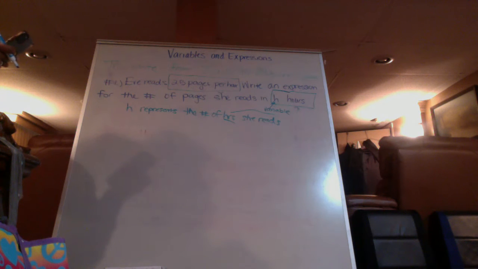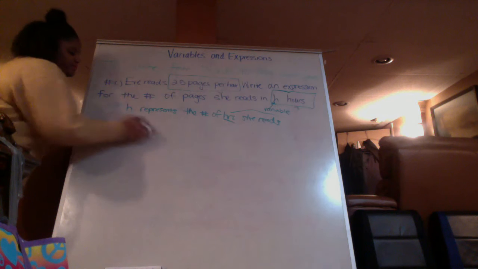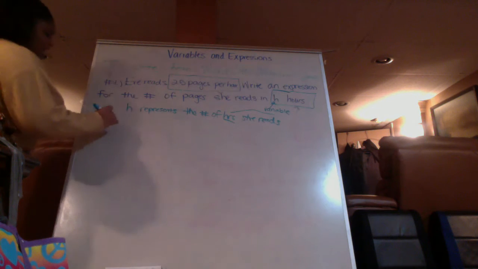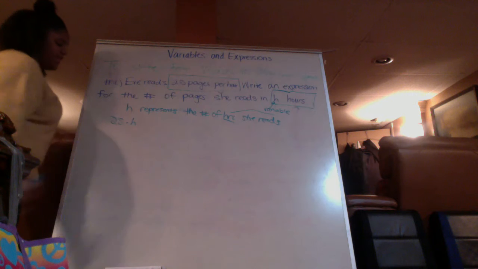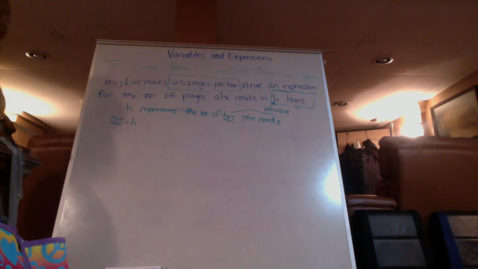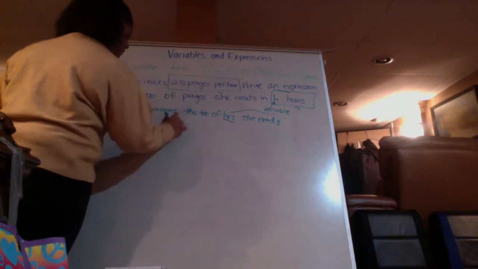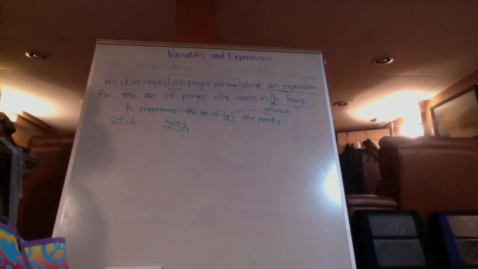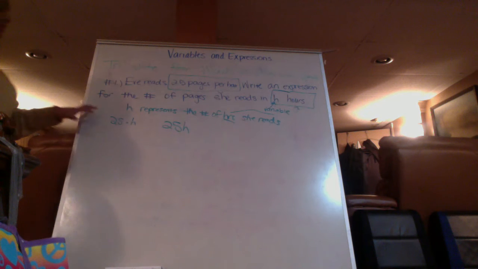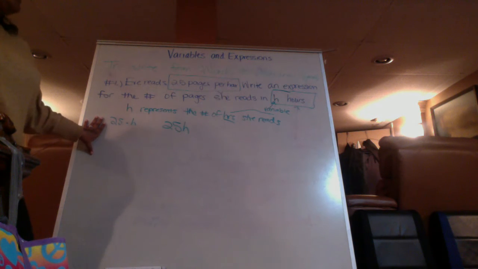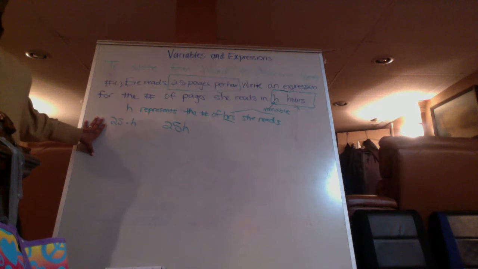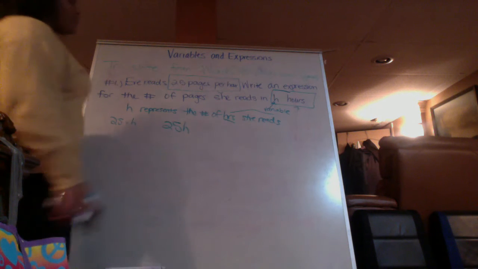Okay. Welcome back. So you can write it as 25 times H, or you can write it as 25H. And here's why. Basically, they want to know how many pages per hour. So let's say she read for 2 hours.